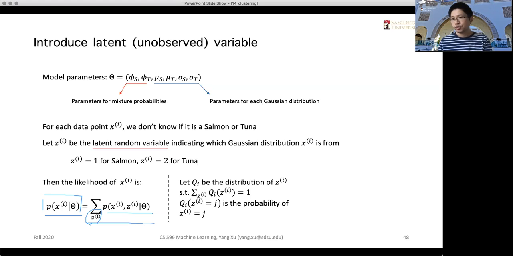So let Qi be the distribution of Zi, okay? So the Qi of Zi sum up to 1. And the Qi function tells the probability of Zi belonging to one particular fish type.